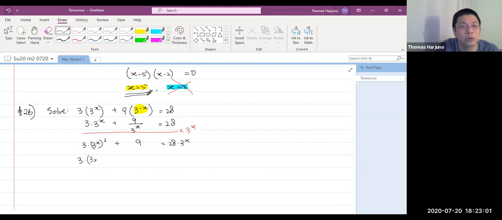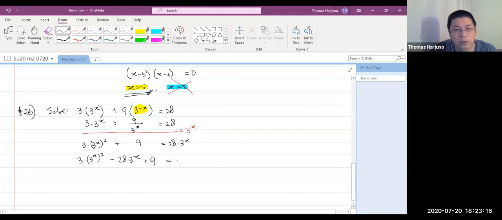This is 3 to the x, not 3x, by the way. Minus 28 times 3 to the x plus 9 equals 0. See, if I let u equal 3 to the x, then I get 3u squared minus 28u plus 9 equals 0.